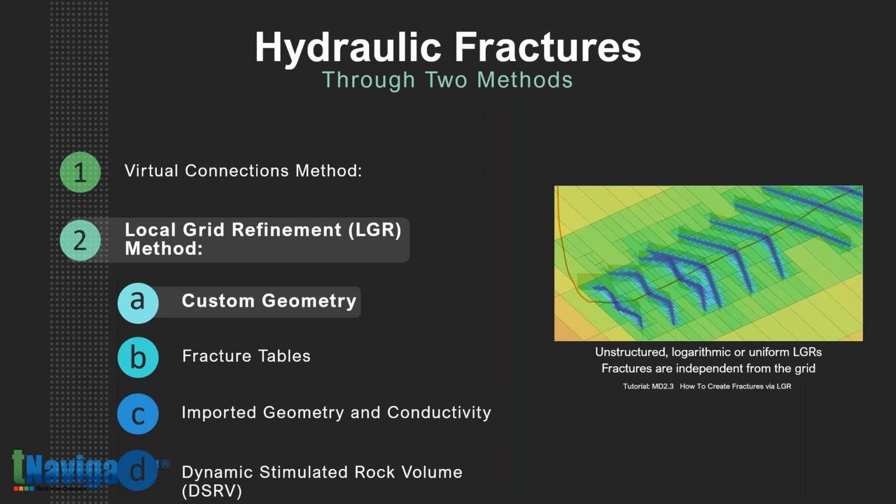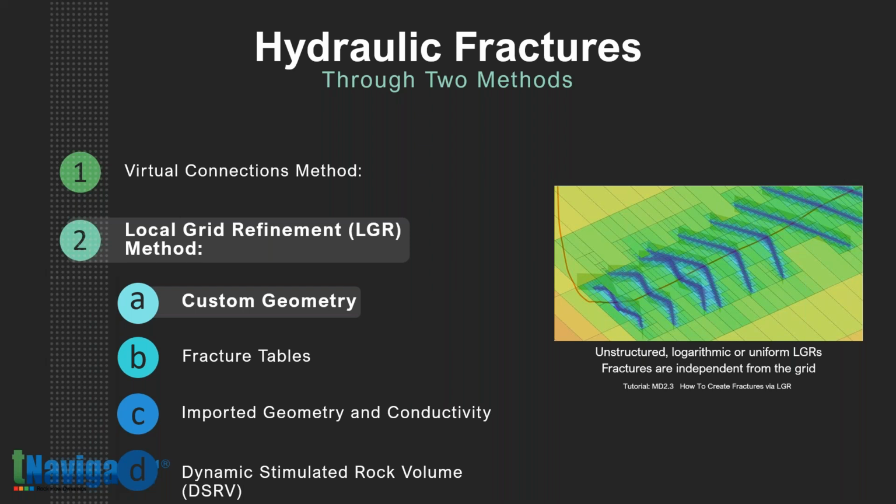Now talking about LGR, which is the most popular way to model fracs right now. We have the custom geometry method, which is unique in tNavigator because we have the advantage that in Designer, the wells, the grid, and the fractures are independent objects. So we can create any geometries that you can imagine in your fracs.